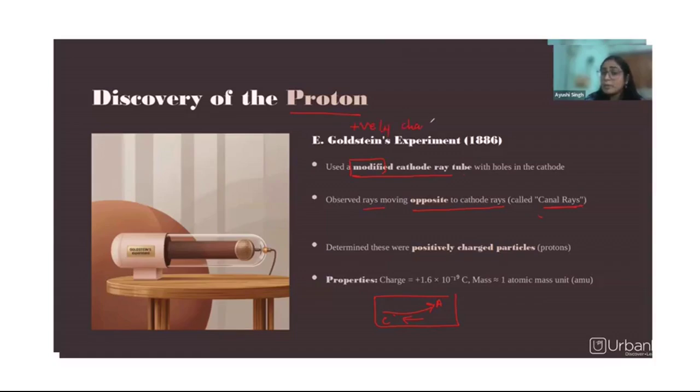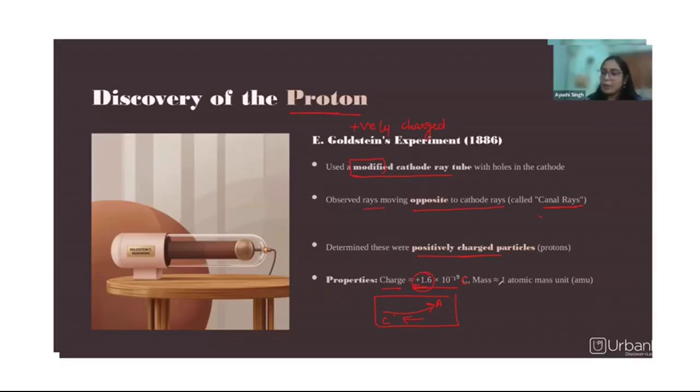Now, these experiments we will discuss more in depth in our regular classes. This is just an overview. This whole experiment basically concluded that these particles were positive. Now, the charge here would be positive. The same amount of charge you will see here in Coulomb, but the sign would be positive because protons have a positive charge to them.